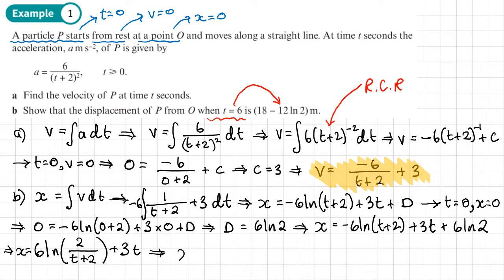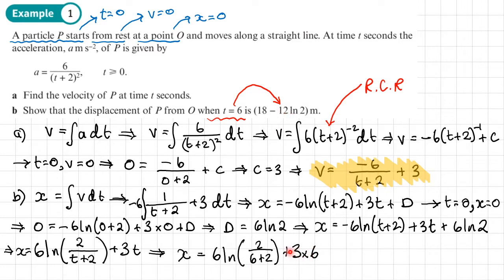Right, so let's do that. So x is equal to 6 natural log 2 over t plus 2, 6 plus 2, plus 3 times by t, which is 6. So the last part now is just simplifying this and getting it in the form that they want.